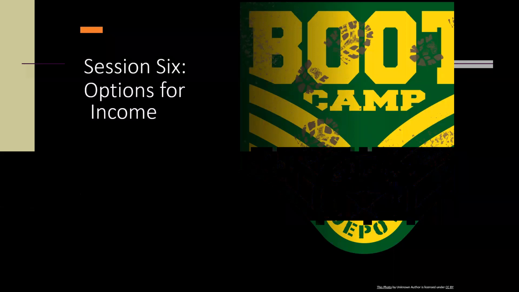Those include money for in-case events, that is to say emergencies, but we also looked at the way you can allocate money for income as opposed to money for increase. So today we're going to look at some of the options for income.